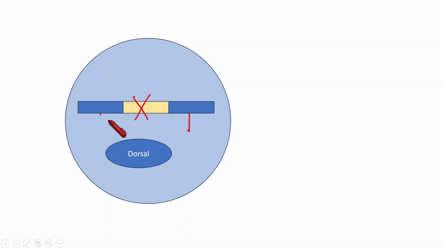Which type of genes get transcribed with the help of Dorsal? Those genes that are responsible for the ventralization get transcribed, and those genes that are responsible for the dorsalization will not be transcribed. They are suppressed by this Dorsal protein. So in this way, the dorsal-ventral polarization is happening in Drosophila. Okay, I hope it's very clear to you.